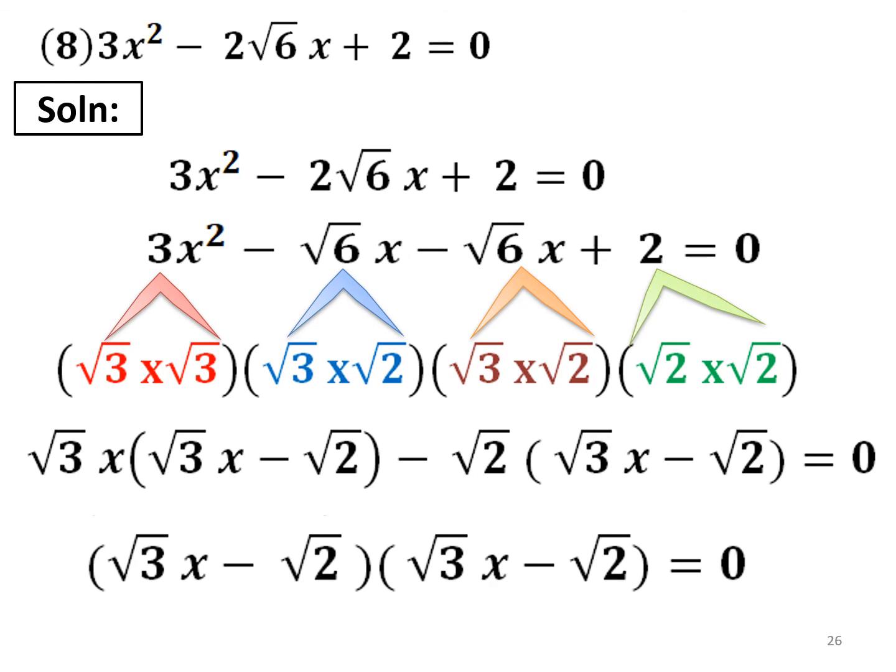So let's frame the next step. Root 3x bracket root 3x minus root 2 bracket close minus root 2 bracket open root 3x minus root 2 bracket close is equal to 0.